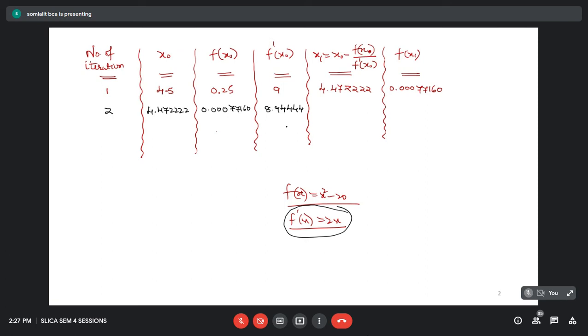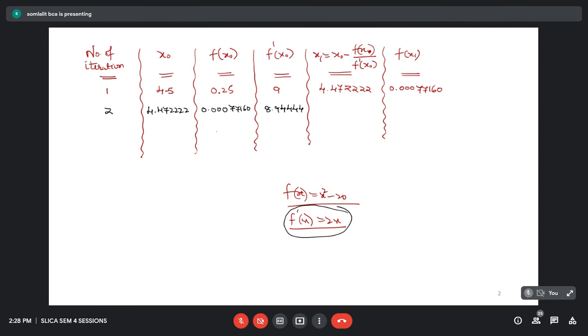Fine. Now here, x1 in this case, that is x0. What is x0? You know here. We are just putting these values in this formula. x0 is 4.47222 minus, inside the bracket, f of x0. f of x0 is this, 0.00000777160, divided by f dash x.